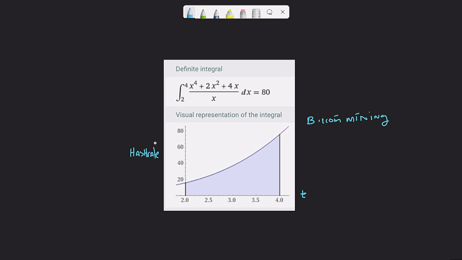In other words, this is the hashes per second.